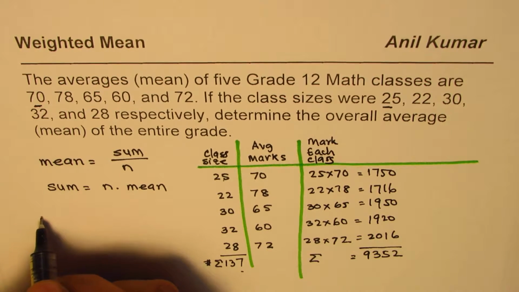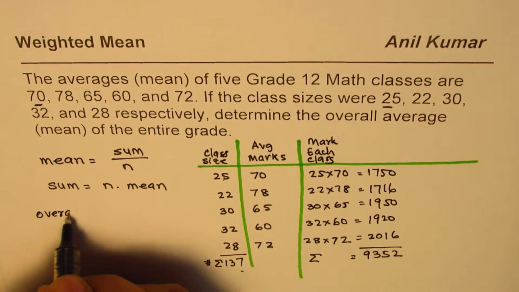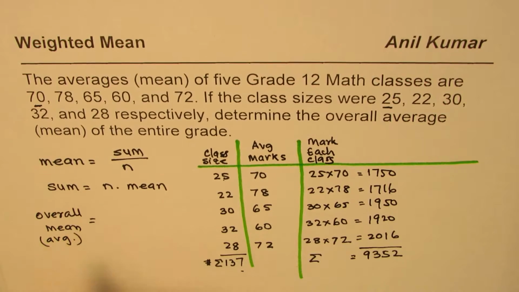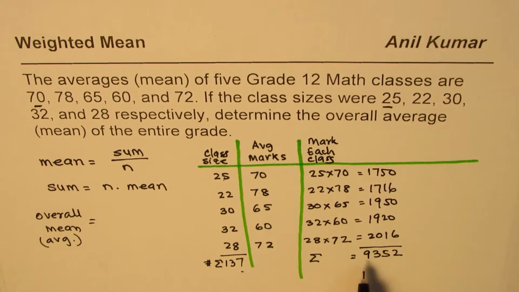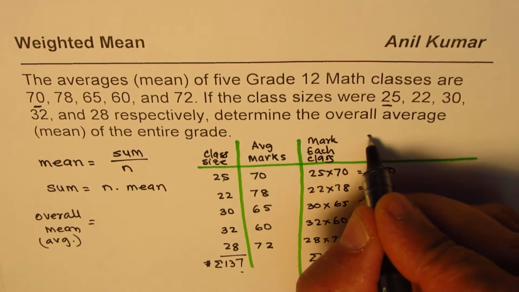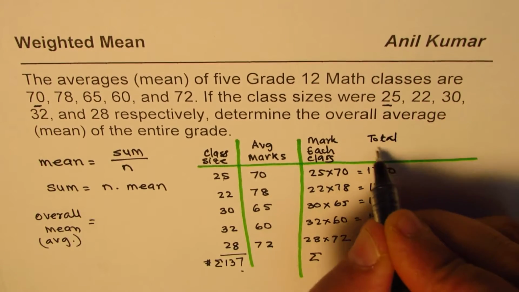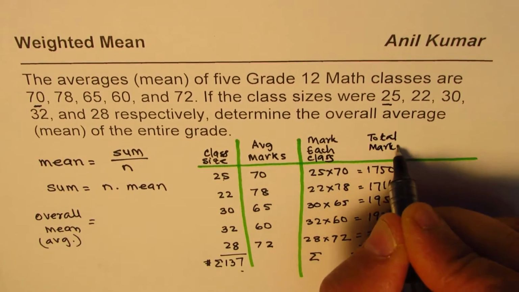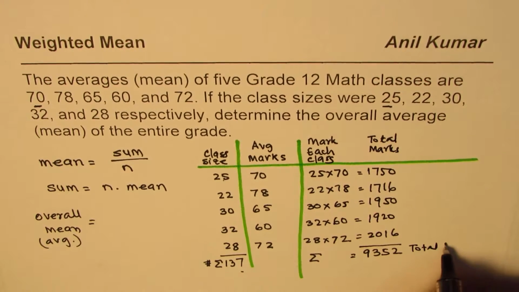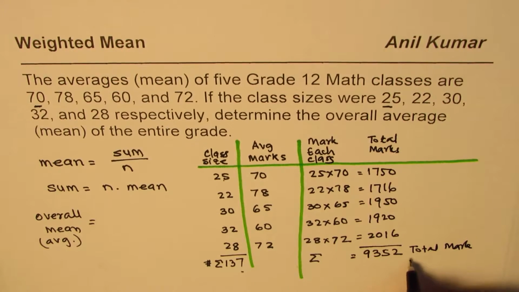So now we can say the overall mean, or average, is equal to the total marks which we have obtained, the total marks of 5 classes, divided by the total number of students.